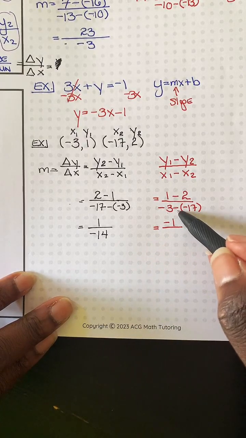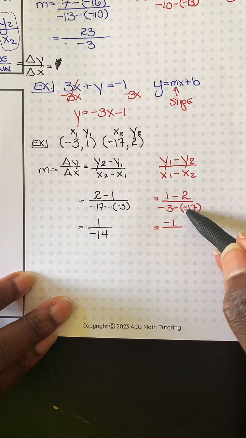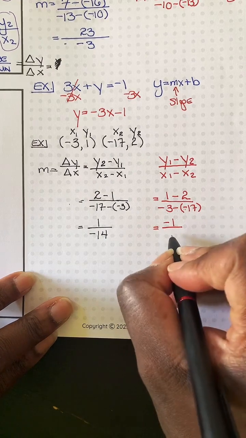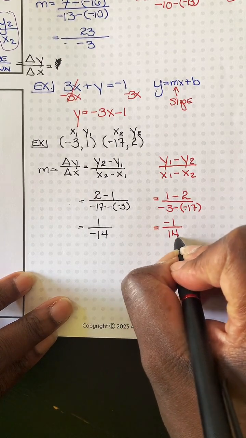And -3 minus a -17, when you minus a negative, it turns positive, so I'm going to have a positive 14.